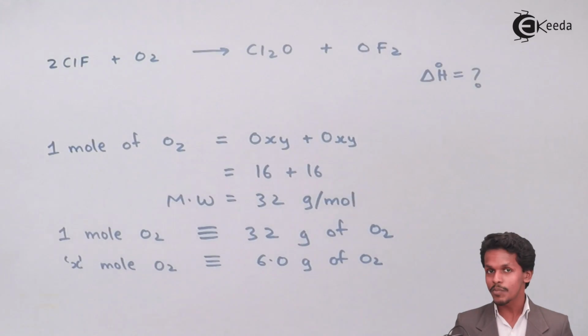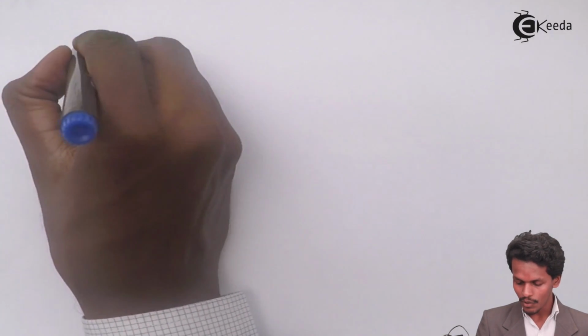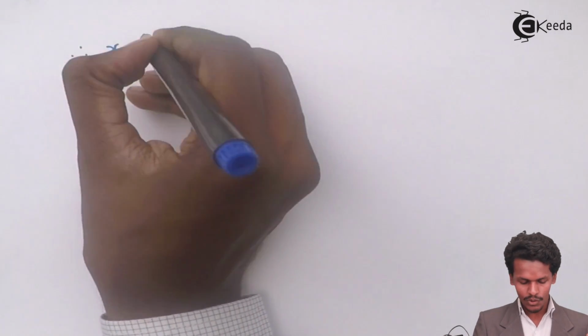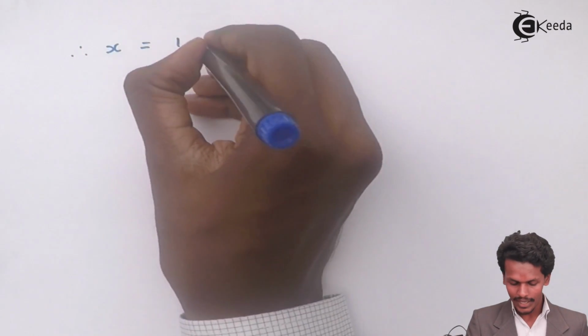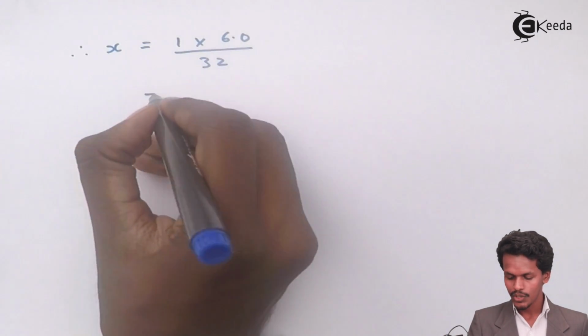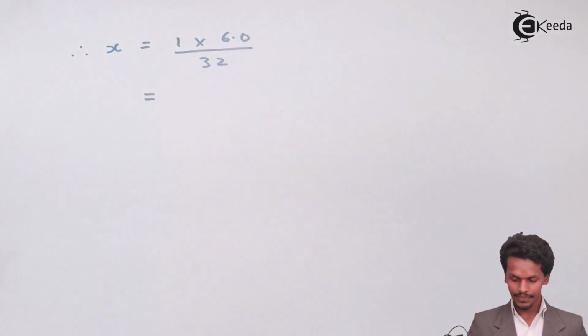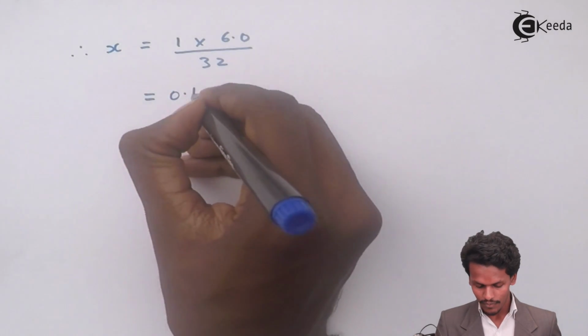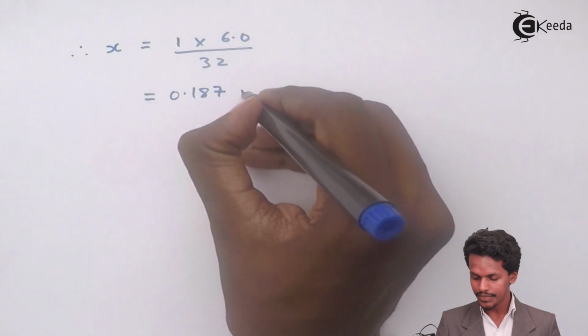We are going to do a cross multiplication in this case, and we get X equals 1 multiplied by 6.0, the whole divided by 32. This is what we get, and we have 0.187 moles.